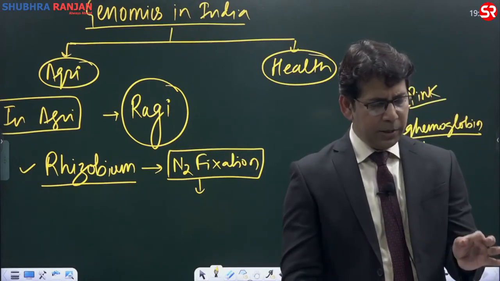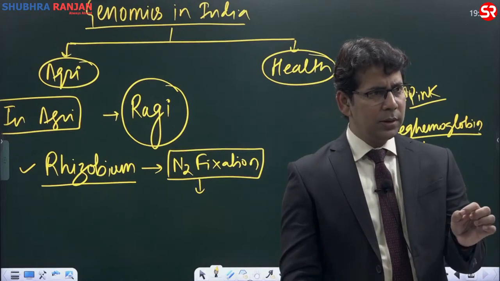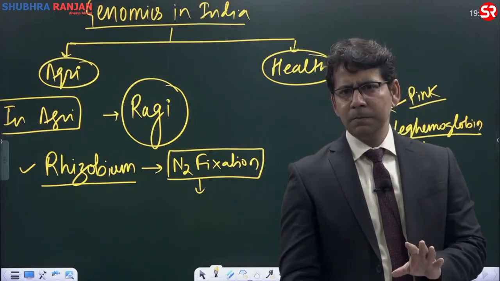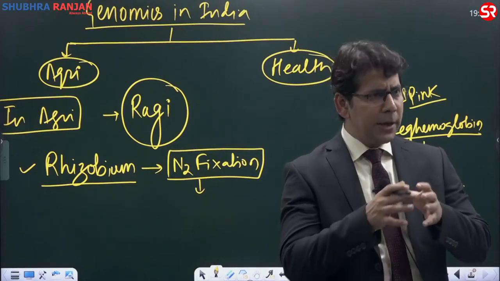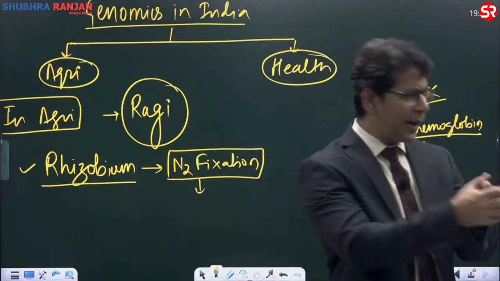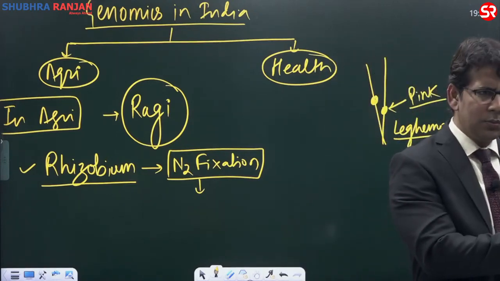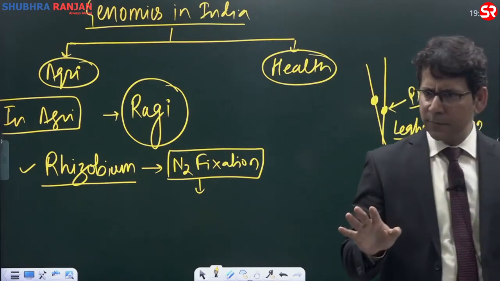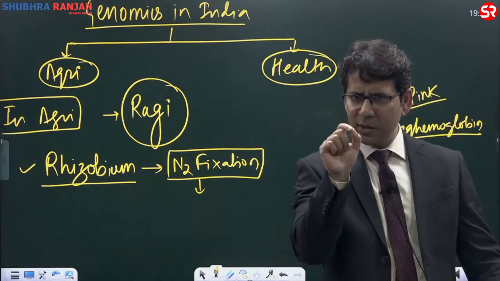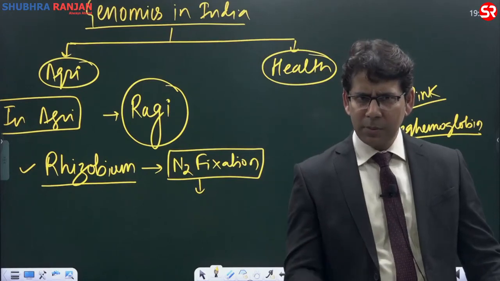And when this leg hemoglobin is present in root, then in that part of the root, rhizobium can stay. Because leg hemoglobin will keep the surrounding oxygen free. अगर ऑक्सीजन आ गया, hemoglobin react कर जाएगा उससे, पकड़ लेगा उसको. So there is no free oxygen. Hemoglobin color is red, लेकिन यहां पे hemoglobin थोड़ा सा है, तो इसका कलर कैसा होगा? Pink. You get my point?